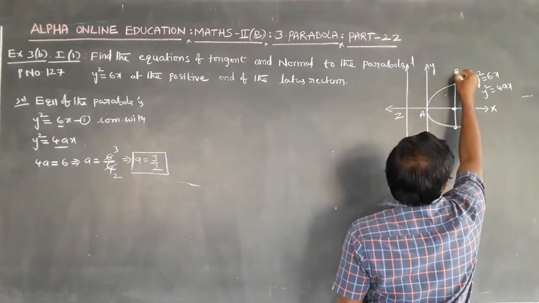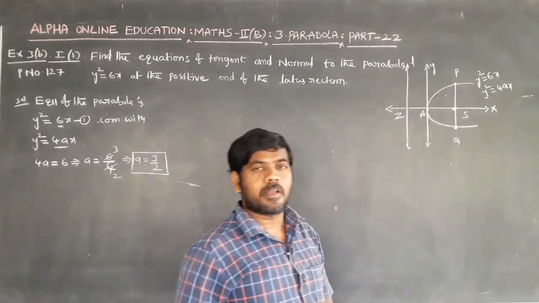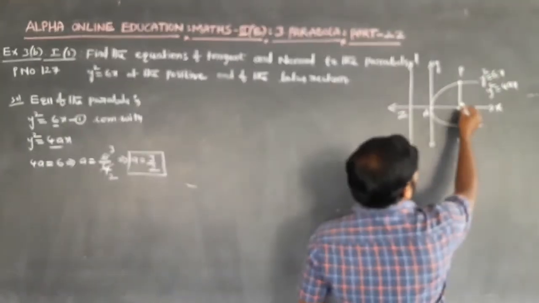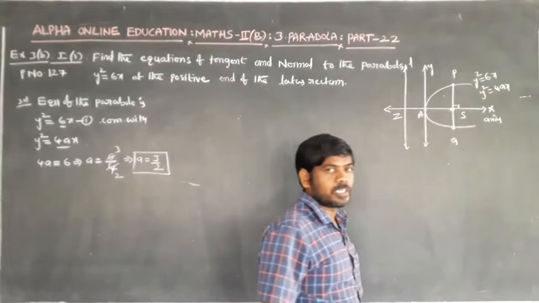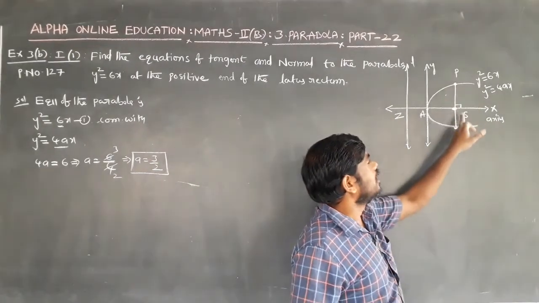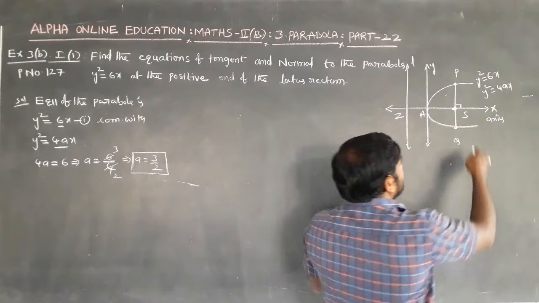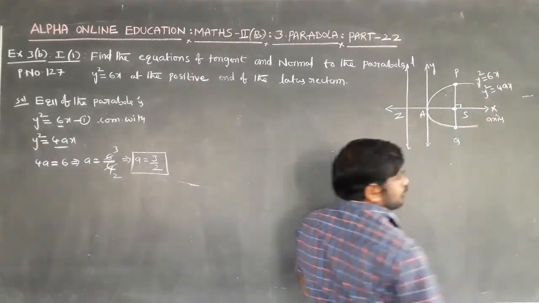Latus rectum means the chord passing through the focus on the parabola and perpendicular to the axis. Perpendicular to the axis of a parabola is called the latus rectum. This is the positive end of the latus rectum of the parabola.